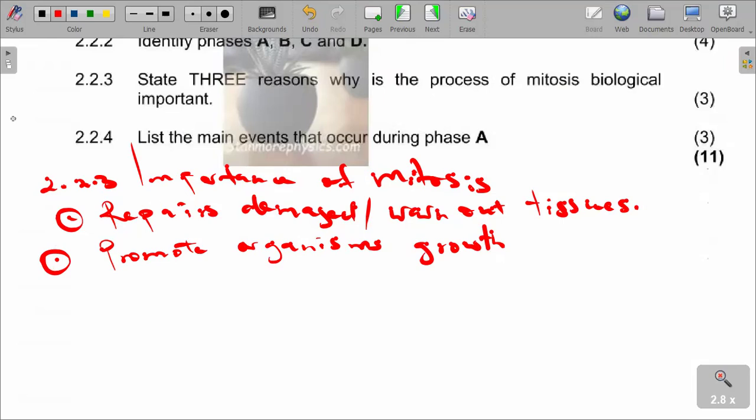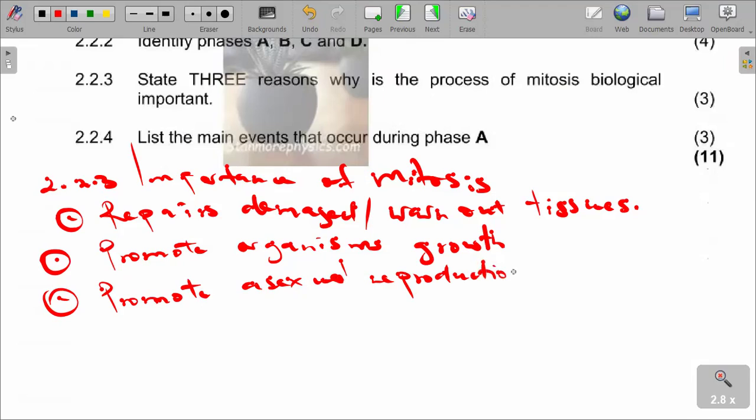And then it is also good for asexual reproduction, where organisms can reproduce or multiply without the use of gametes.